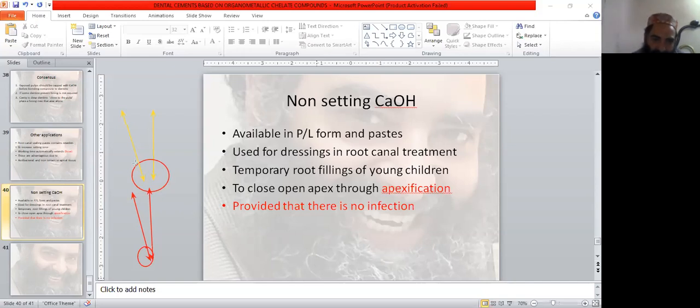So this is the apex of the tooth. In younger children, the apex is quite wide, and when they grow up, the apex will become narrow. So apexification can be initiated through the use of non-setting calcium hydroxide.